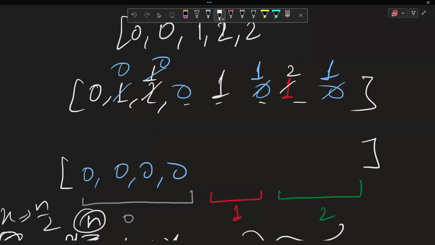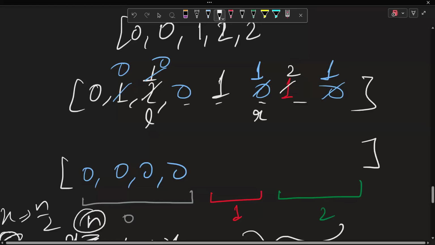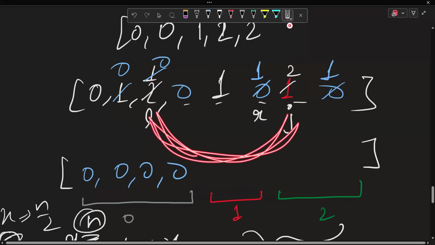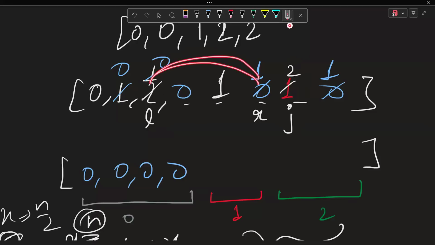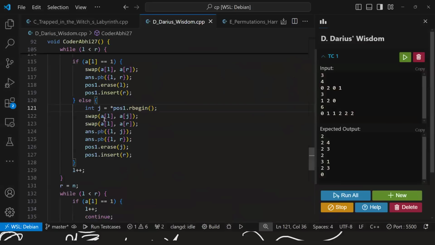So if this is my index L, the last available 0 is at index R, and this index J represents the last one. First L and J would be swapped, so that I have a 1 here and a 2 here. And then this 1 would be swapped with the 0 at position R to get a 0 here and a 1 here.